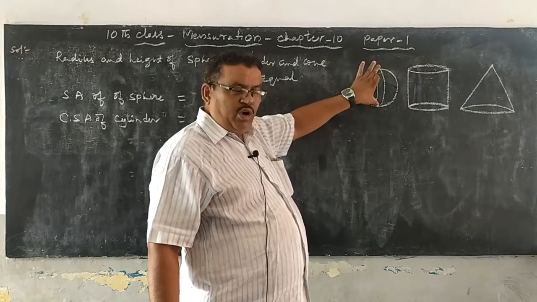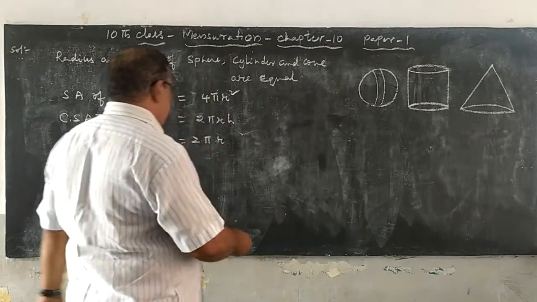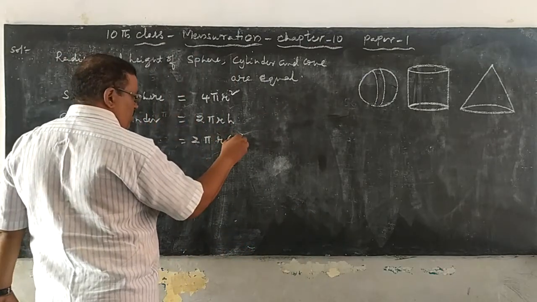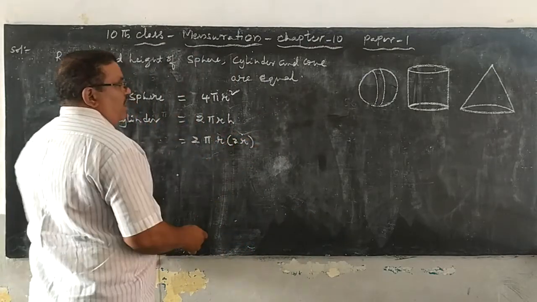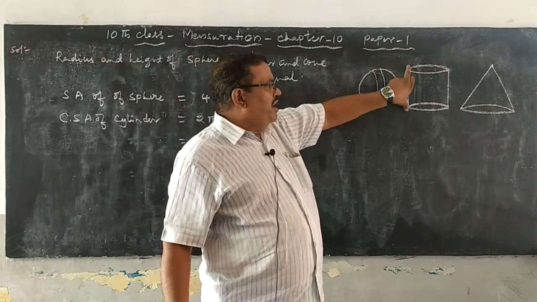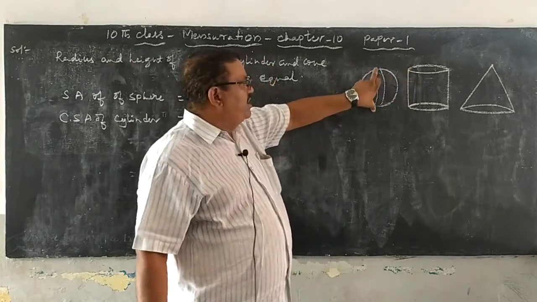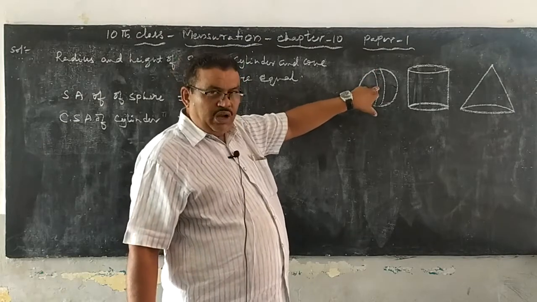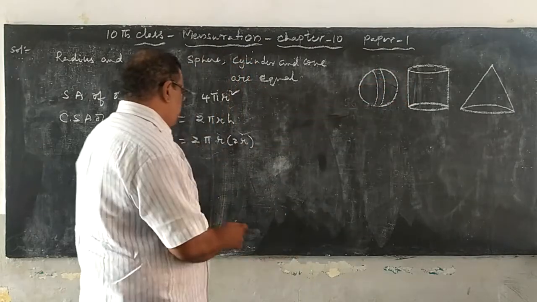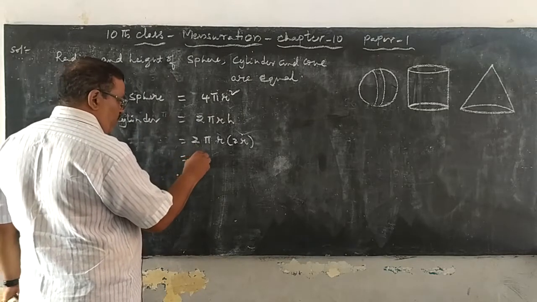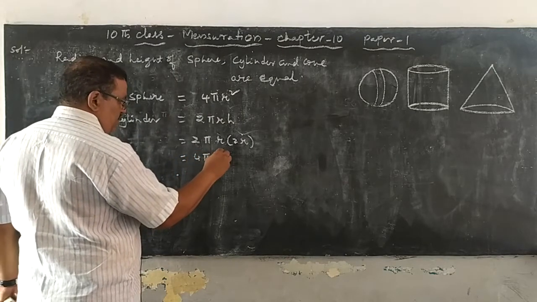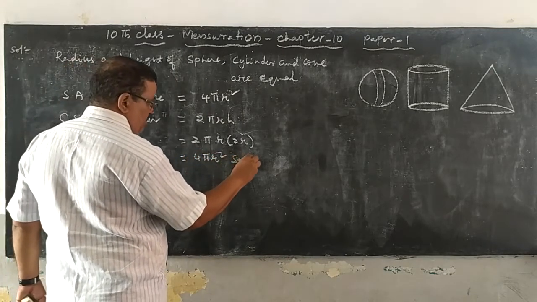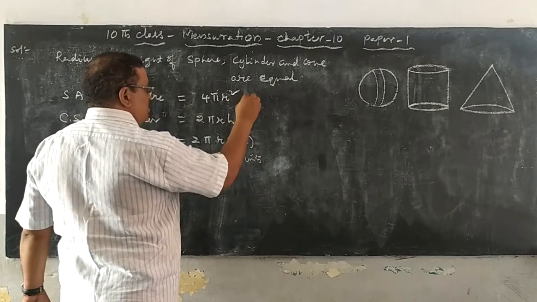But diameter is equal to how much? 2r. So h is equal to 2r. Why? Because the height of the cylinder and the height of the sphere are equal, and the height of the sphere is nothing but its diameter. So finally it is 4 pi r square units. This one is also in square units.